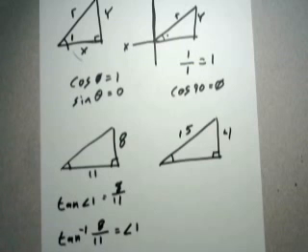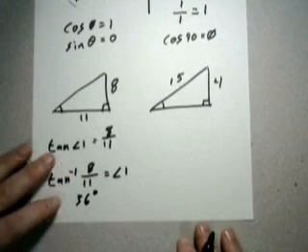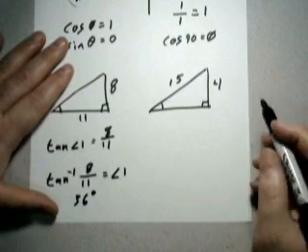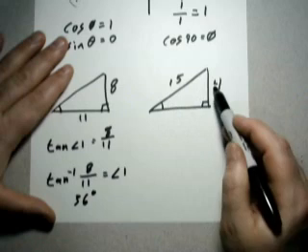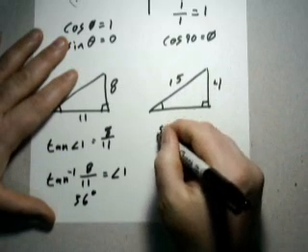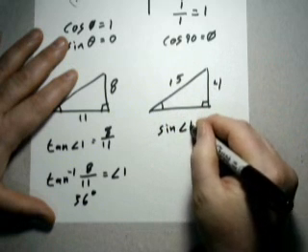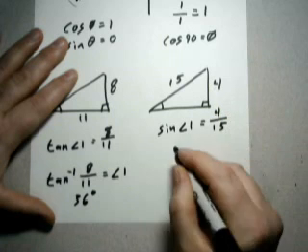It's the same thing as finding the angle when given the ratio as a decimal. And it looks like angle 1 is 36 degrees. Okay, so now for this one, I look at my sides that I'm given, and I'm given the opposite and the hypotenuse, and that is a sine function. So the sine of angle 1 is 4 over 15.